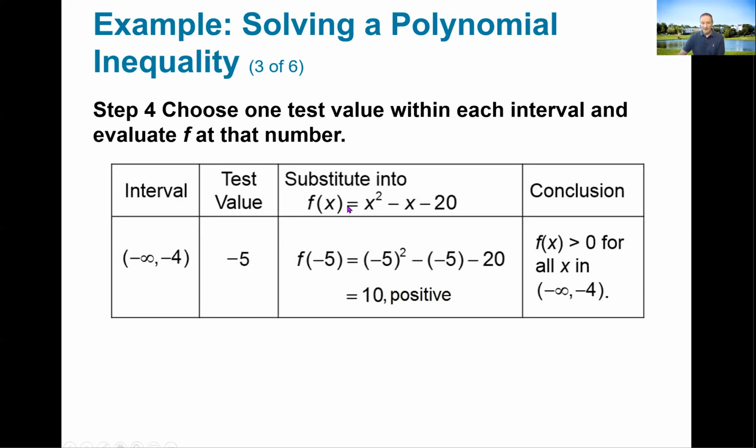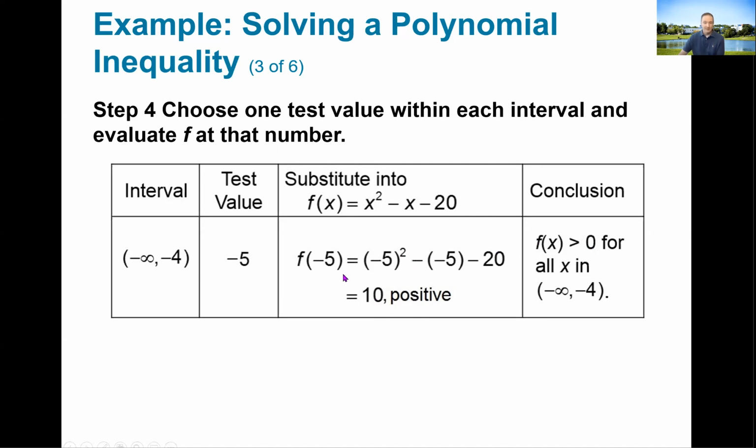You plug a negative 5 into the left-hand side of your inequality, and that's going to give me negative 5 squared minus a negative 5, and then minus 20. It's going to give me 25, and then plus 5, which gives me 30. 30 minus 20 is a 10. Well, I know 10 is a positive number. What does that tell me? It tells me that f of x is greater than 0 for any value within this region.